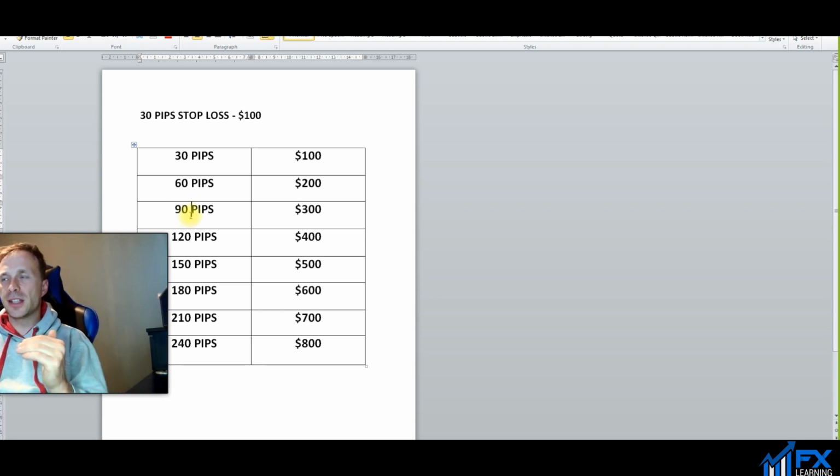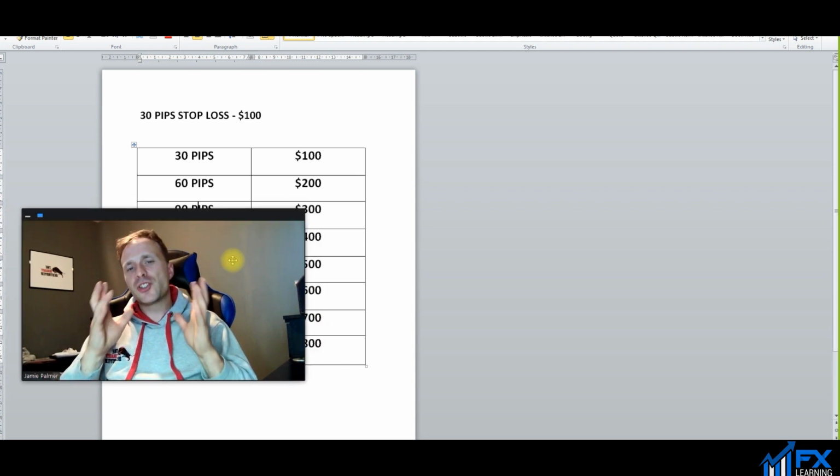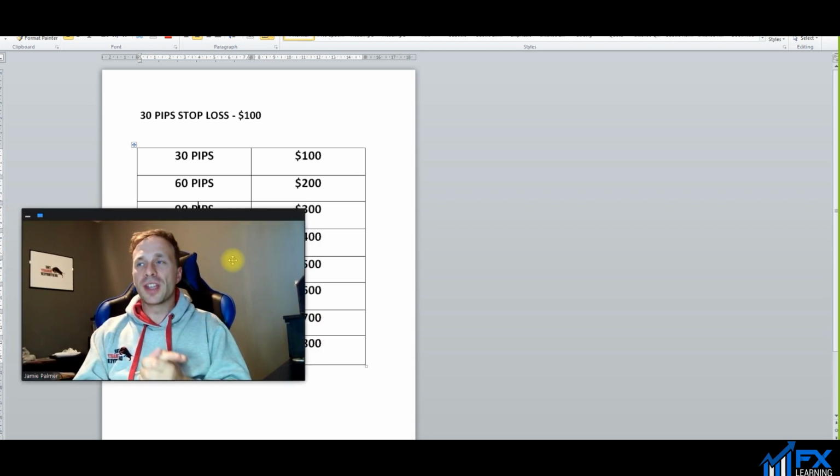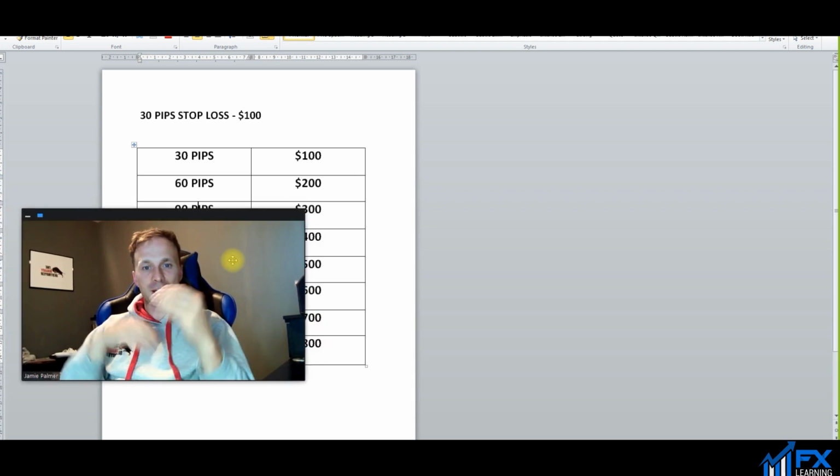So when it goes up to 90 pips, I lock in 60 pips. When this trade goes to 120 pips, I move my stop loss to 90 pips. When this trade goes to 150 pips, I move my stop loss to 120 pips. So as you can see, I haven't actually got a fixed take profit on this. I'm just trailing my stop loss manually with this trade.